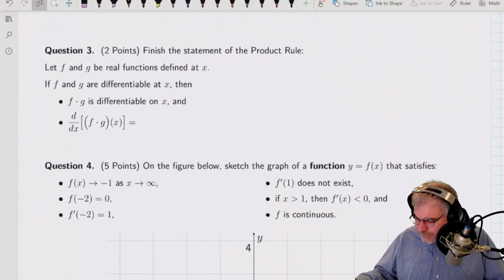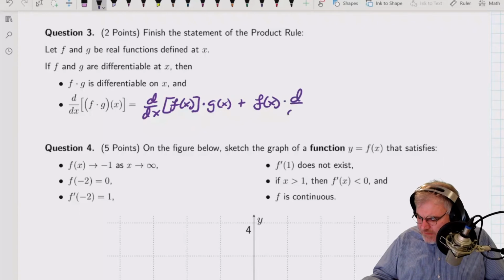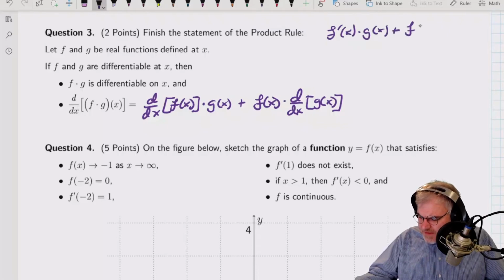Finish the statement of the product rule. D over dx of f of x times g of x plus f of x times d over dx of g of x. Another way to write it is f prime of x times g of x plus f of x times g prime of x.